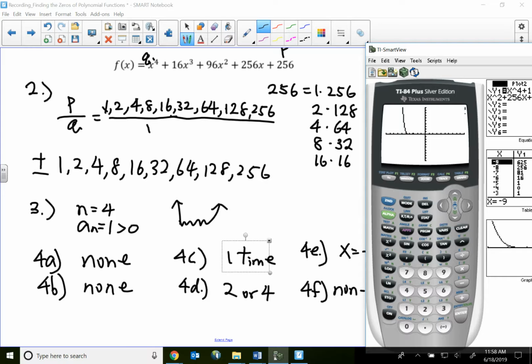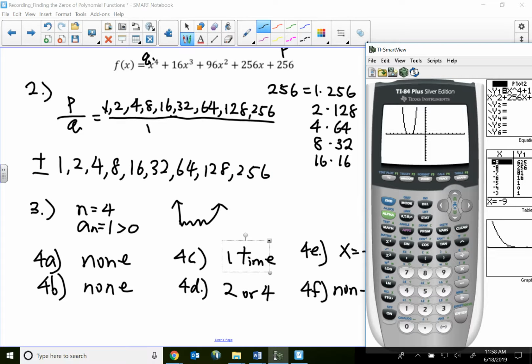An irrational zero shows up on the graphing calculator as a cross, because they come in conjugated pairs, one positive, one negative, so you cross it 2 times, which is odd multiplicity as well.